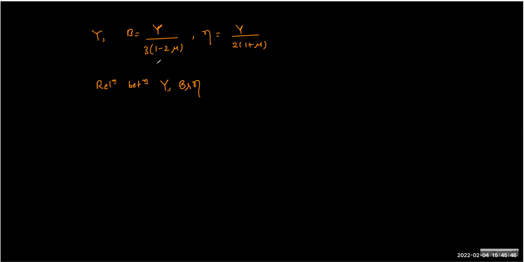So if I call it 1, from 1 we can write 1 minus 2 mu is Y by 3B, and 2 will give you 2 plus 2 mu is Y by 3 eta. Just we need to add these. So mu will cancel out.